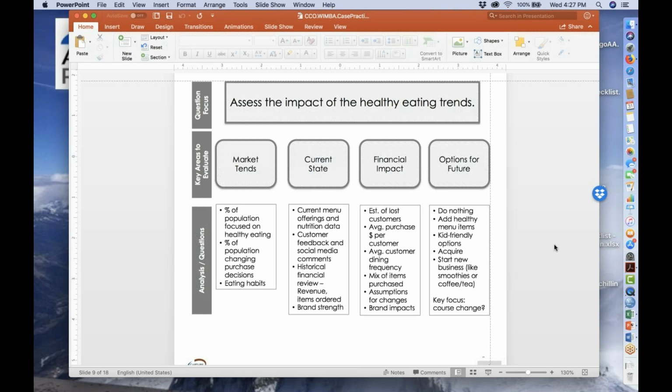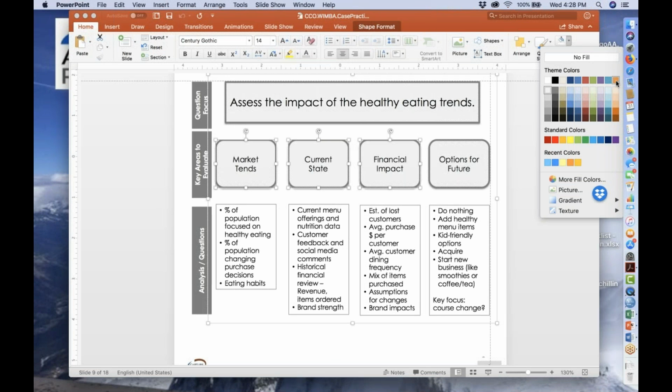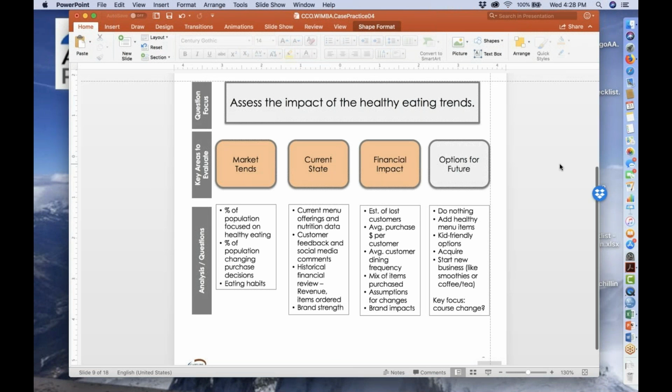And then the 4th category, which my question didn't necessarily prompt, although I can tell that probably you guys are thinking about this, and I think, Ben, you even mentioned it. If we were asking what should they do about this, you would have those first 3 areas that are the assessment buckets, which I'm highlighting in the orange.